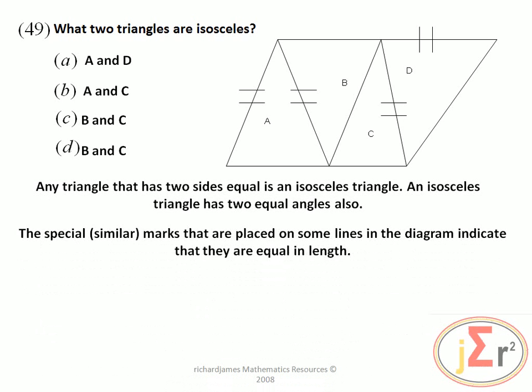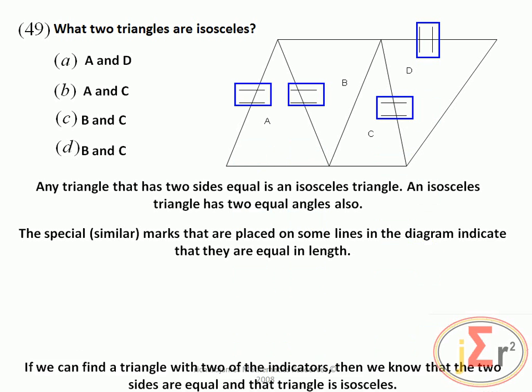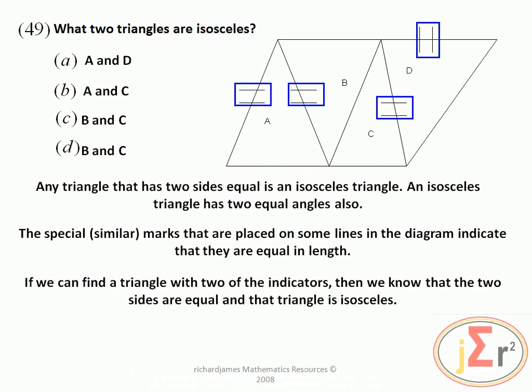The special similar marks that are placed on some lines in the diagram indicate that they are equal in length. So all of those sides are equal in length. If we can find a triangle with two of the indicators, then we know that two sides are equal, and the triangle is isosceles.